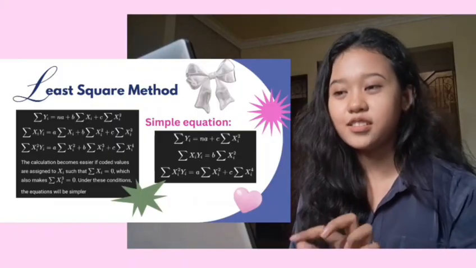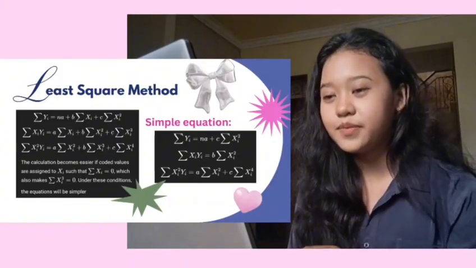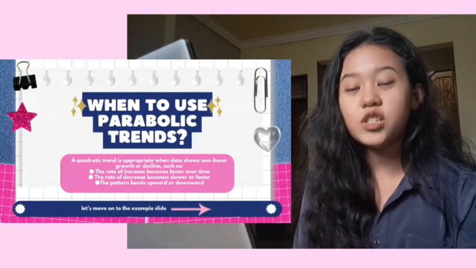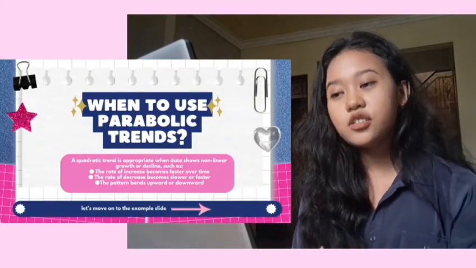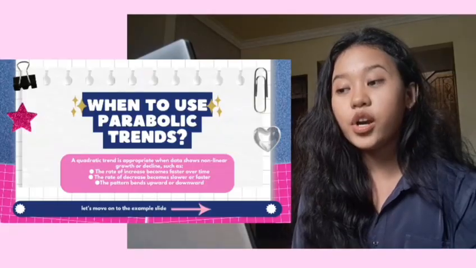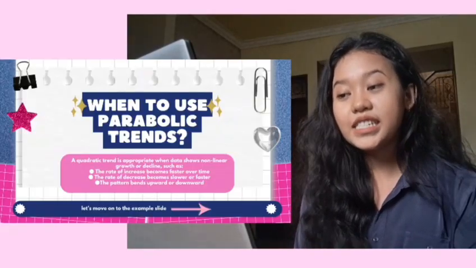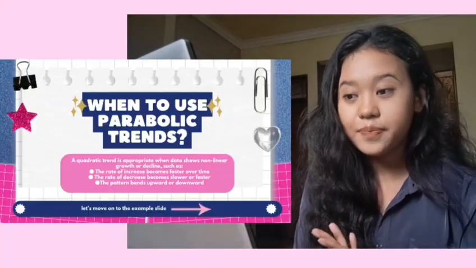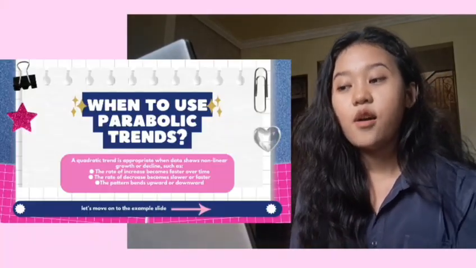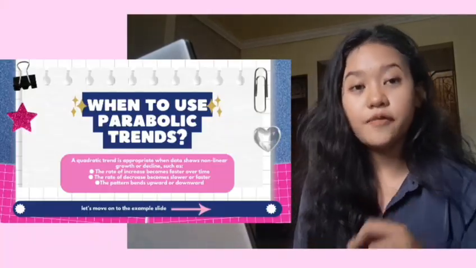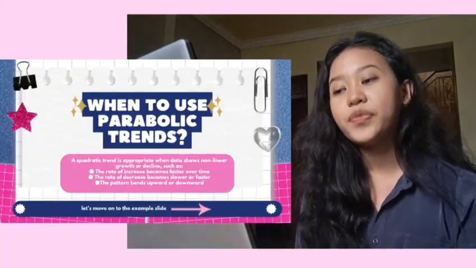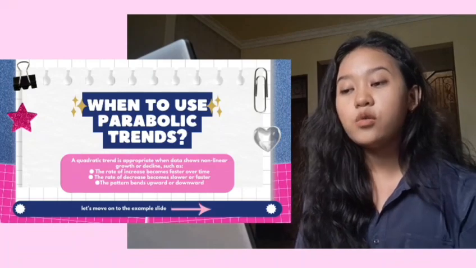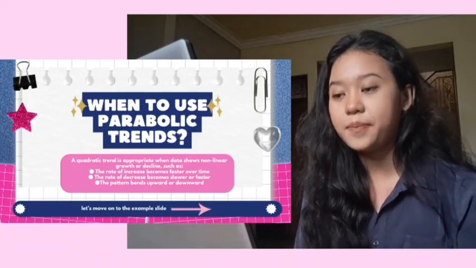So when do we use these parabolic trends? The parabolic or quadratic trend is used when the data shows nonlinear growth or decline. First, when the rate of increase becomes faster over time. So there is no constant rate, and the data develops faster over time.